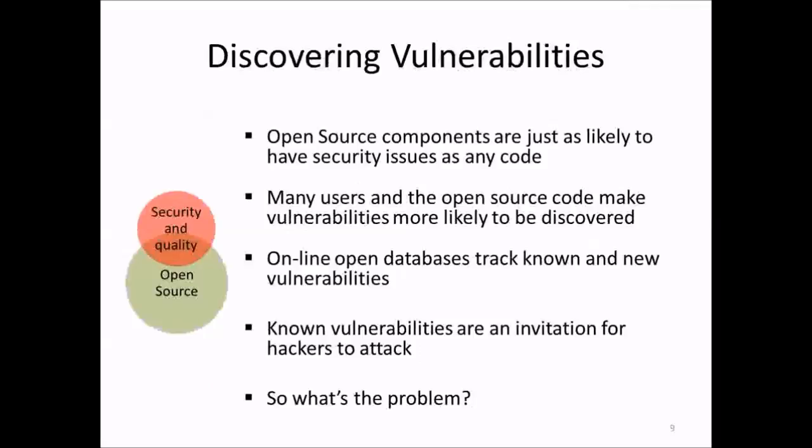And there are public repositories that track, mainly via volunteers, the existence of vulnerabilities, and somehow propagate this knowledge back to the open source community. To make matters worse, this publication is actually a good way for hackers to get information about vulnerable libraries, and then go and exploit these vulnerabilities.